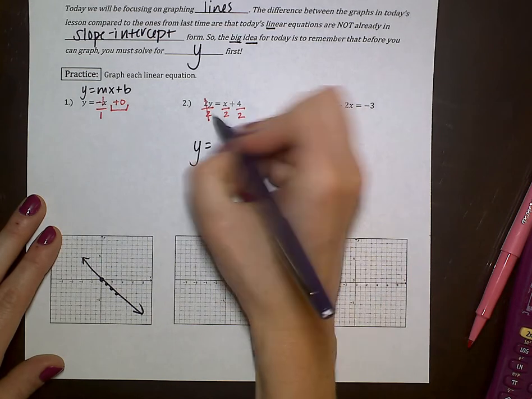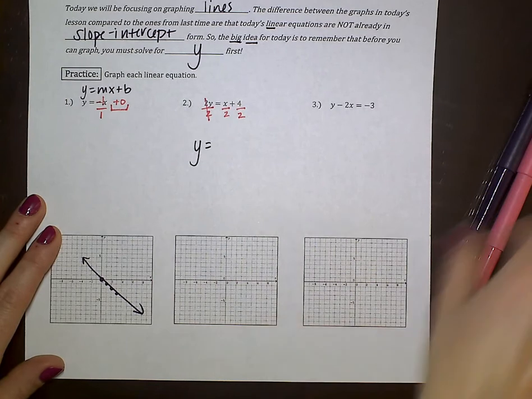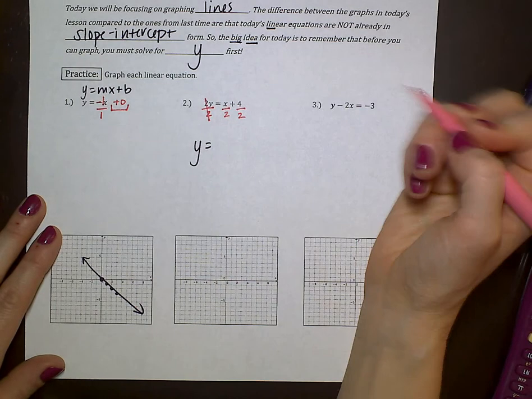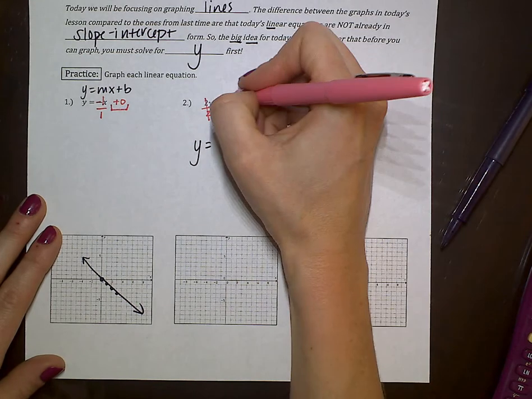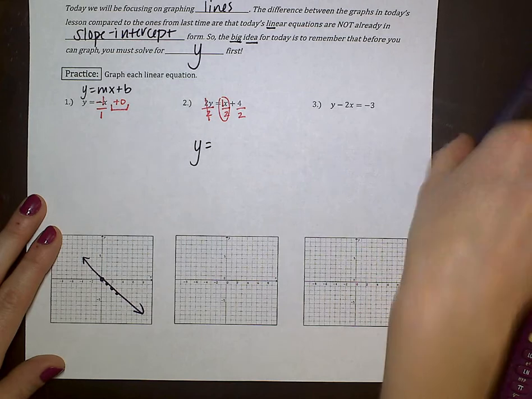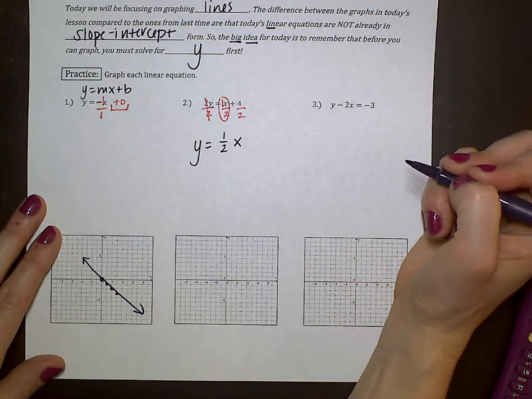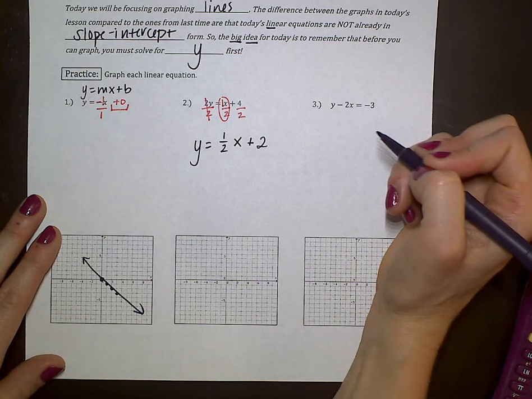So I'm going to have y equals. I know that I want slope to be written as a fraction. So I have to think what fraction is in front of the x here. Well, I know that a 1 is sitting in front of x. So really, you guys, that's the fraction 1/2. So I'm going to pull that out front and say 1/2 x plus 4 divided by 2 is 2.